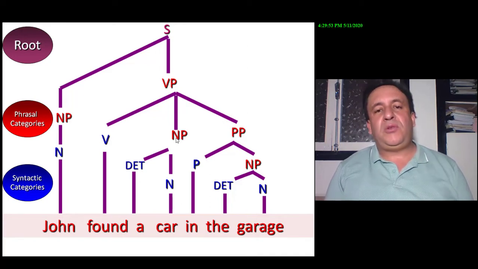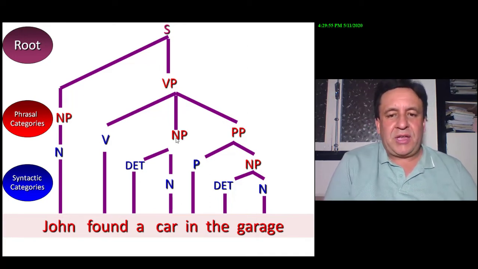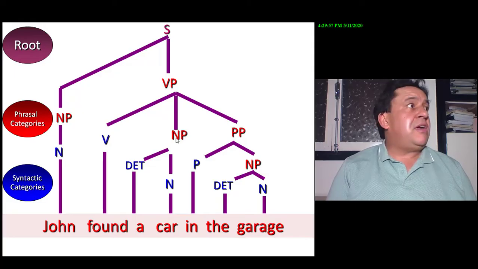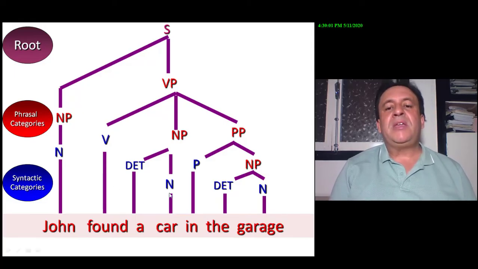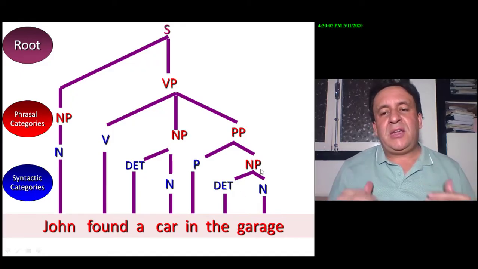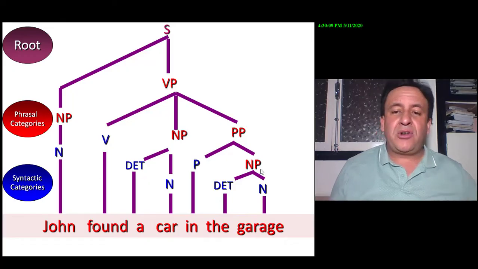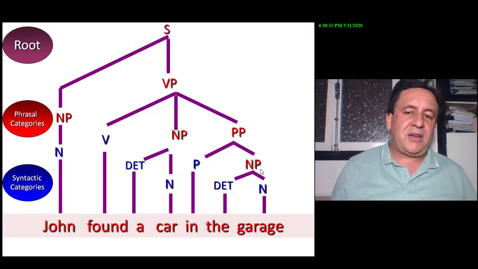This is an example of what we call a tree diagram or a phrase marker, in which we identify the parts of speech, the syntactic categories, and we account for how they come together in constituents, self-contained units that undergo some diagnostics.